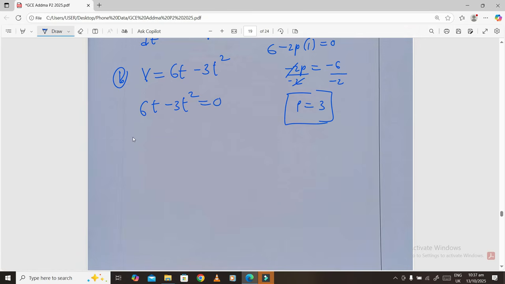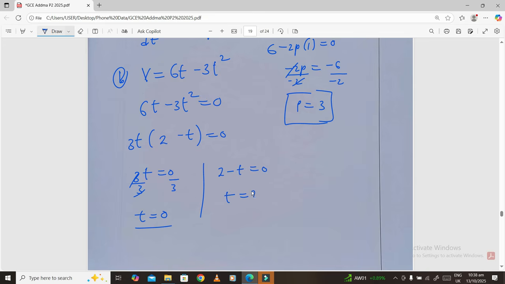So here it will be 3t open bracket 2 minus t, close bracket, equal to 0. 3t is equal to 0, divide by 3 by 3, t will be equal to 0. And for this other one, 2 minus t is equal to 0, t will be equal to 2. So the answer is t equal to 2.